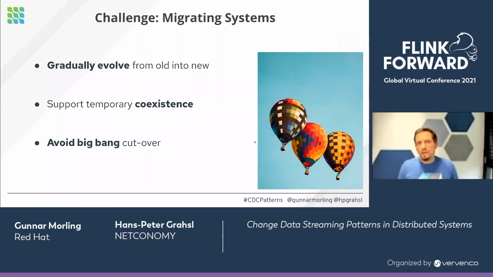I think many of you know, or at least can imagine, that there are several challenges involved when we try to migrate existing systems into newer forms. Let's say we want to get rid of an old monolithic application and want to replace it with a modern microservices architecture. And then it's very rarely a good idea to try such a migration, given a reasonably large and complex system, in one big bang.